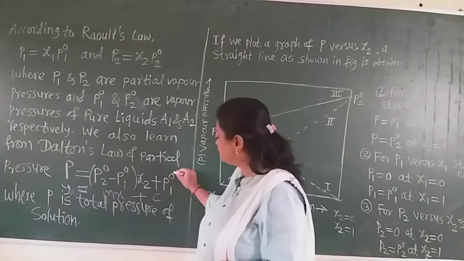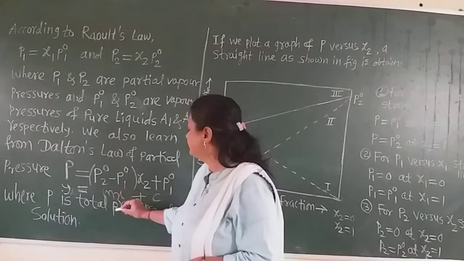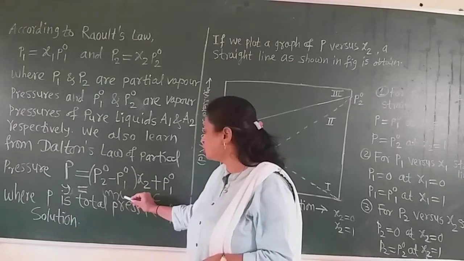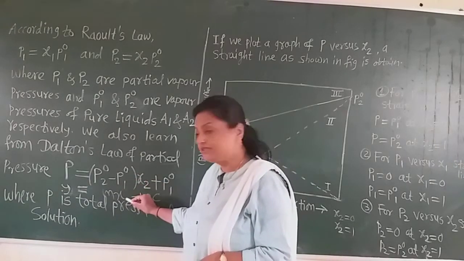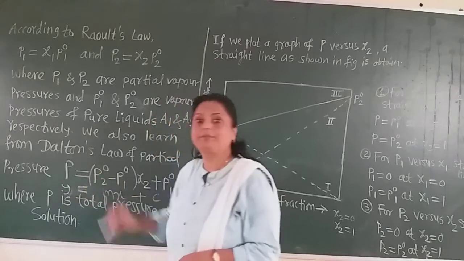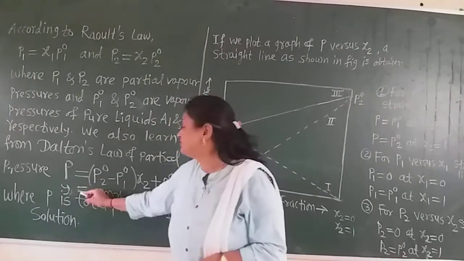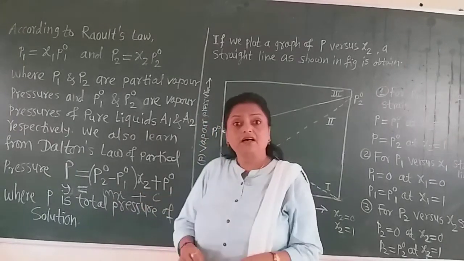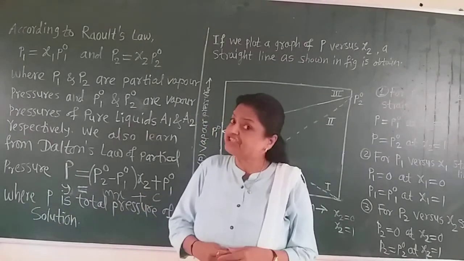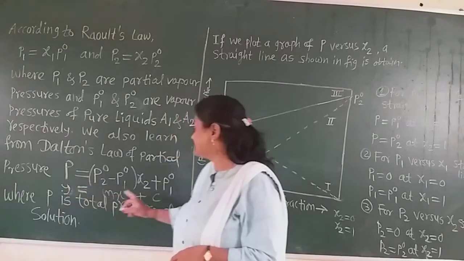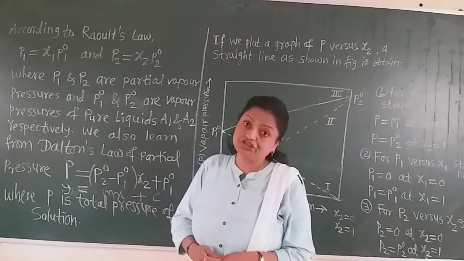Suppose c is P01, m is P02 minus P01, that is the slope, x is x2, and y is the total pressure P. As we know, the graph of the equation y is equal to mx plus c is a straight line. So if we plot P versus x2, the graph is also a straight line.